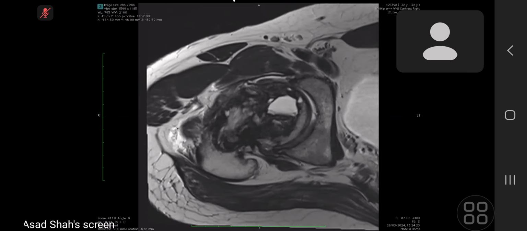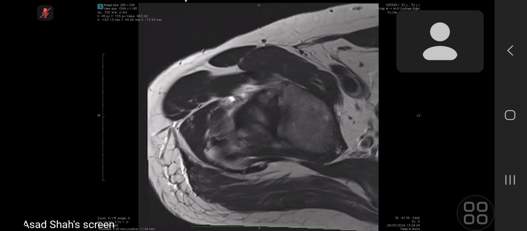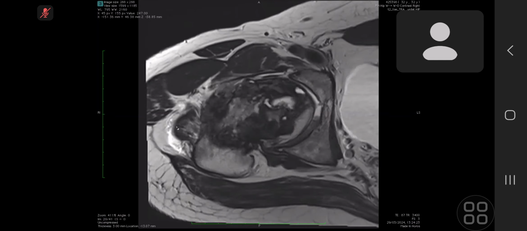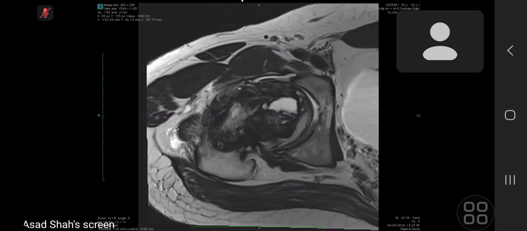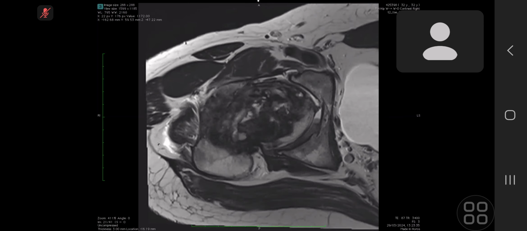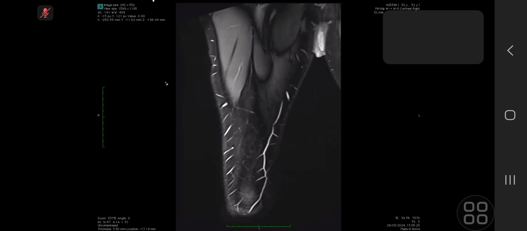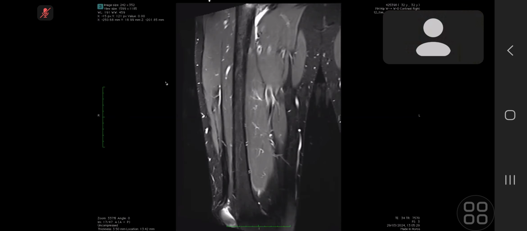So the lesion looks predominantly hypointense, although heterogeneous, on the T2 weighted images, and it looks as if the cortical lines are not intact. So it looks a little aggressive to me on these T2 weighted images, at least locally aggressive.